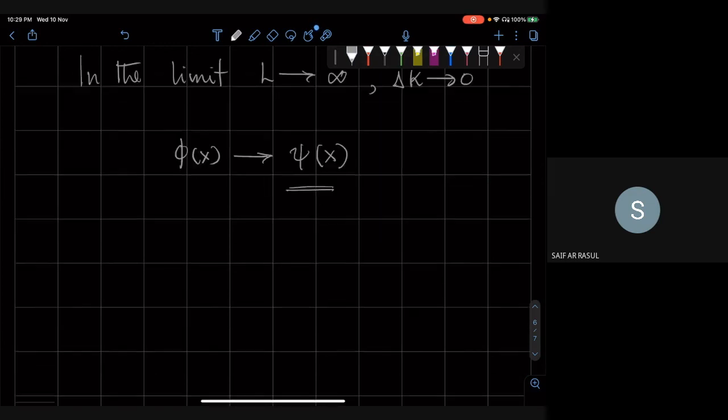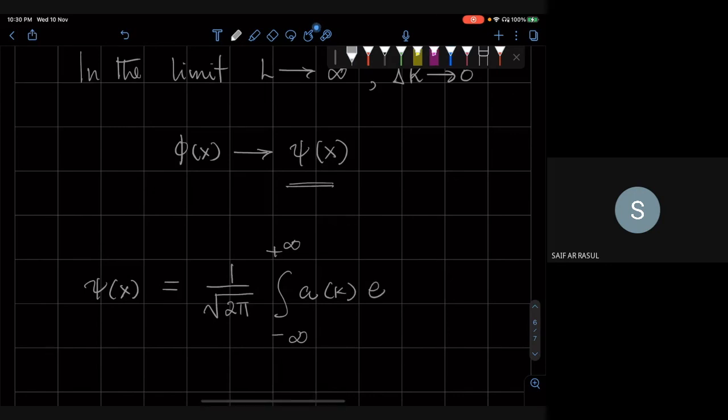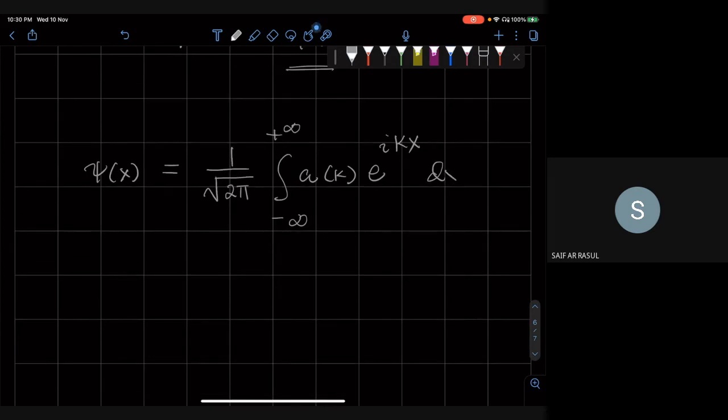So in that limit, we go back to our original function, psi of x, and it's given by 1 over square root of 2 pi, integral from minus infinity to plus infinity, A of k, e to the power plus i k x, dk.